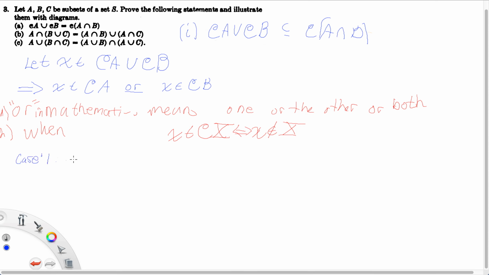Case 1: x is in the complement of A. But that implies, by our remembering, that x is not in A. And that implies that x is not in A intersect B. Because in order for x to be in A intersect B, it must be in both A and B. So x is not in A intersect B, which means x is in the complement of A intersect B.